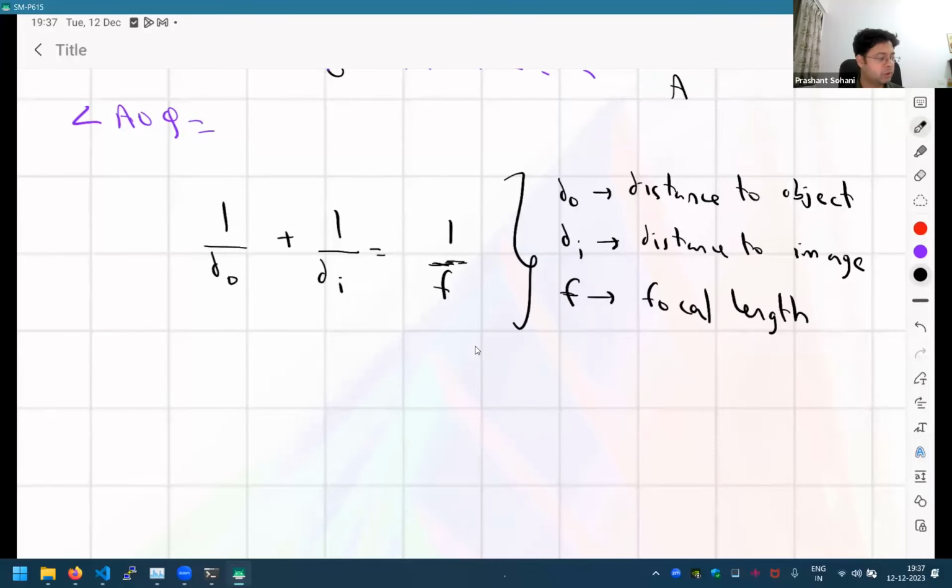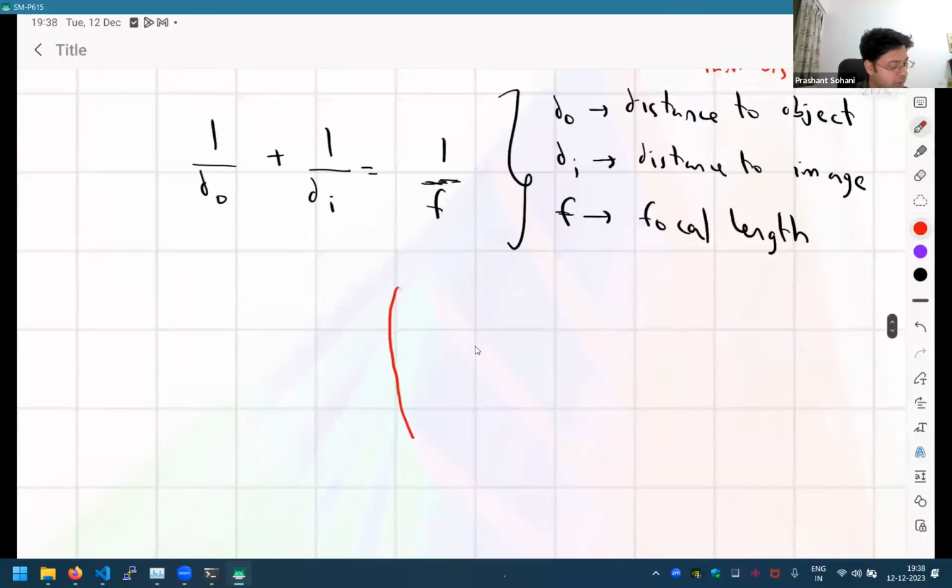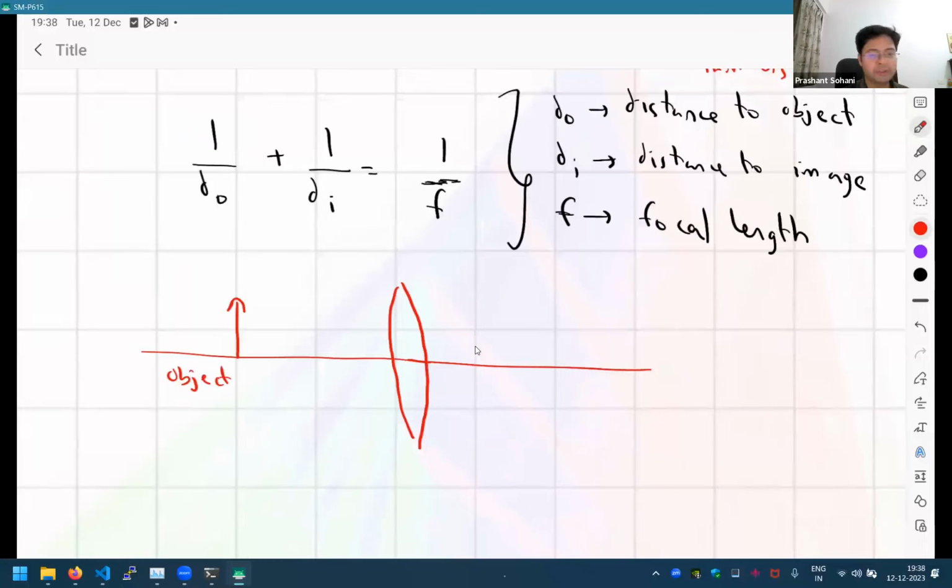So basically, if you know the distance of the object from the lens, oh, by the way, I did not mention distance from what. So distance from the lens. We are always going to measure the distances from the lens. Just to draw an illustrative diagram of what it may look like for a convex lens: if your object is over here, which is getting projected through the lens, maybe the ray travels like this, and let us say the image is getting formed over here.